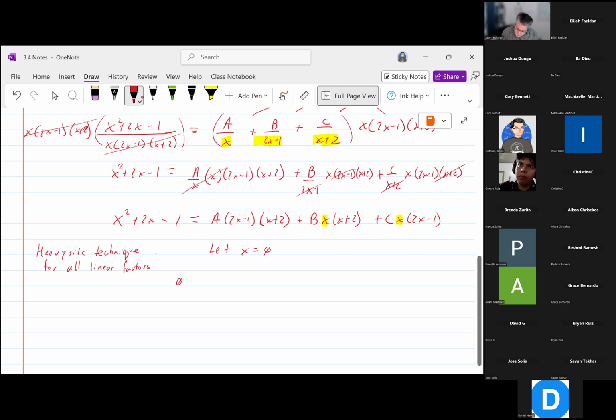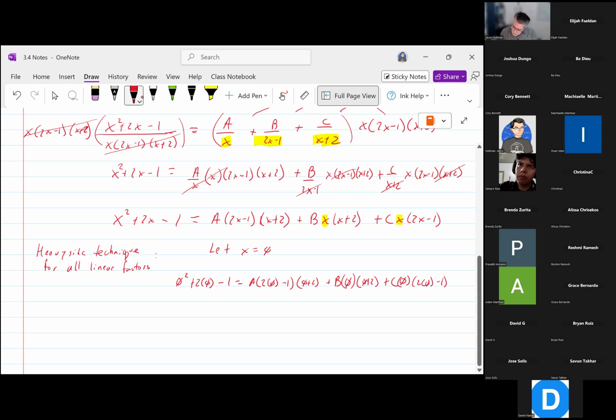So let's plug it in on the left side. That's 0 squared plus 2 times 0 minus 1 is equal to a times 2 times 0 minus 1 times 0 plus 2 plus b times 0 times 0 plus 2 plus c times 0 times 2 times 0 minus 1.